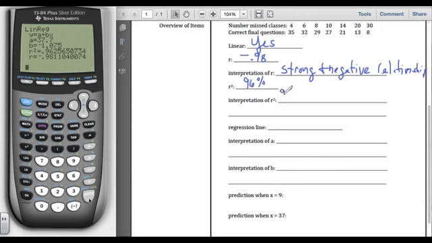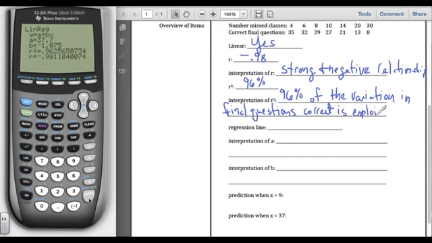So I could say 96% of the variation in my Y, which is the number of final exam questions correct, is explained by my X, which in this case is the number of missed classes.